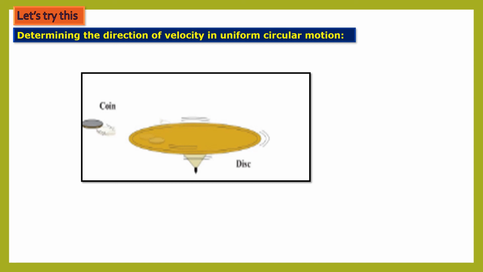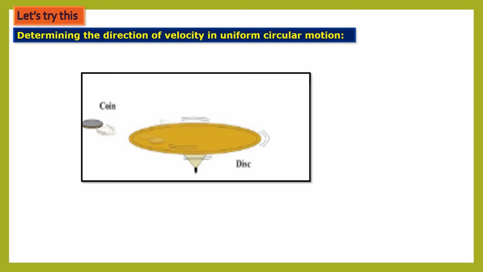We have to find out the direction in which the coin is thrown. We repeat this action two to three times, placing the coin at different points along the edge of the circle, and observe the direction in which the coin is thrown off.